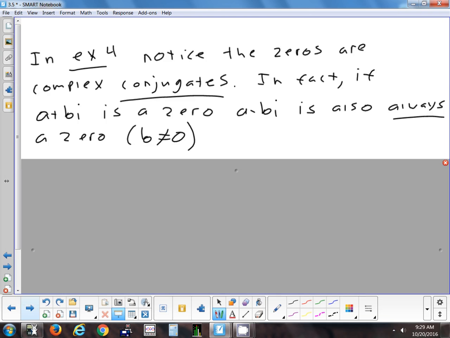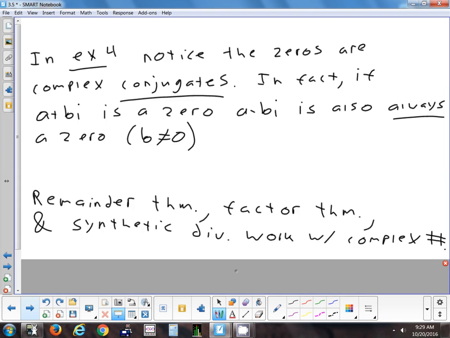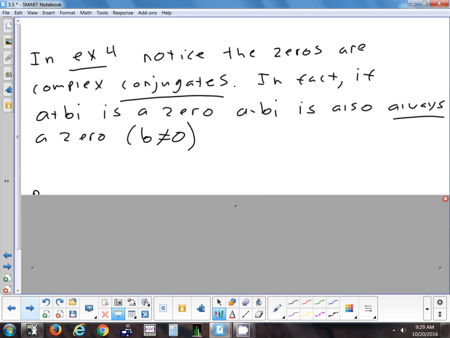In fact, that will always happen. Complex roots always occur in pairs. You could never solve a problem and get one complex answer. You can get 2, 4, 6, but you can't get an odd amount. So complex roots always occur in pairs.